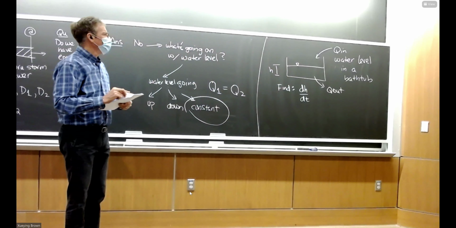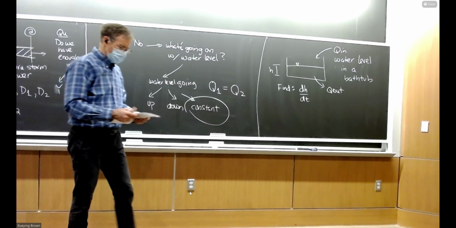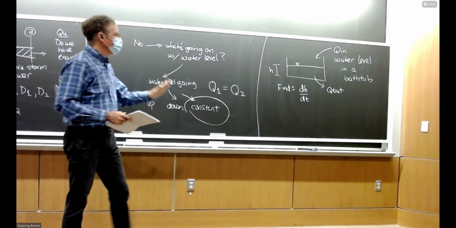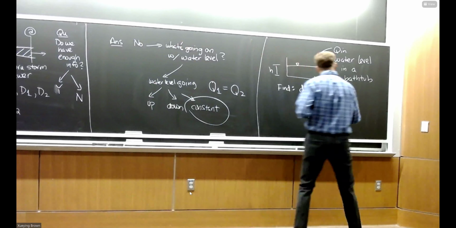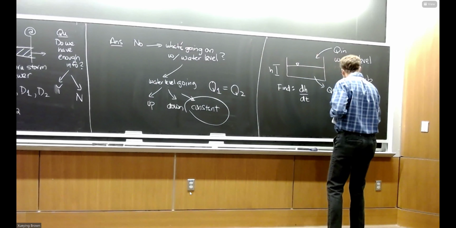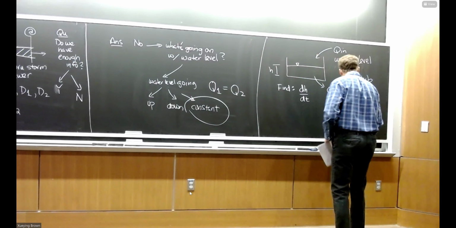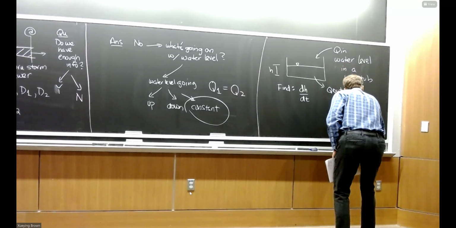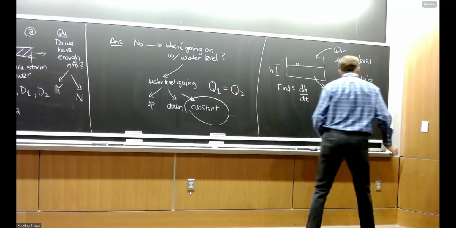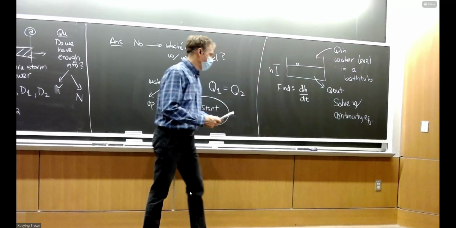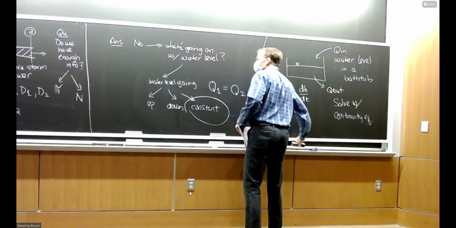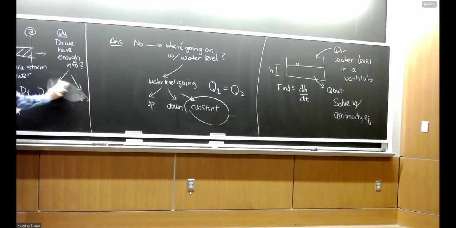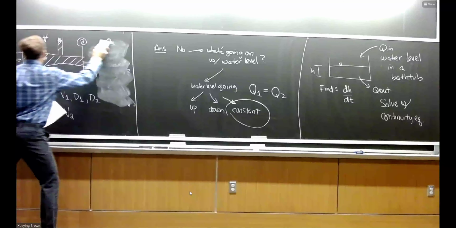I have an example like that later on. We solve this with what we referred to previously as a continuity equation, but it's just a special case of a larger set of analyses.